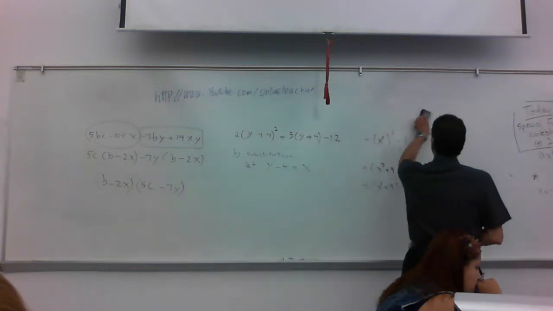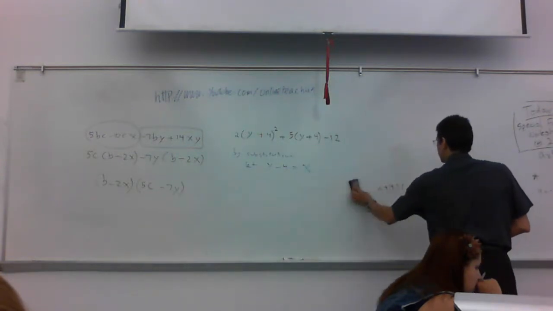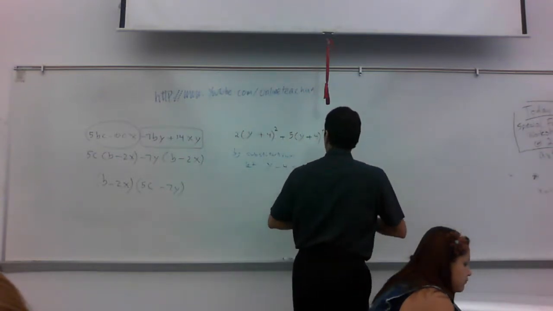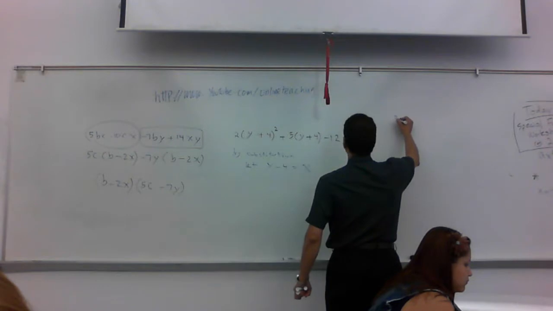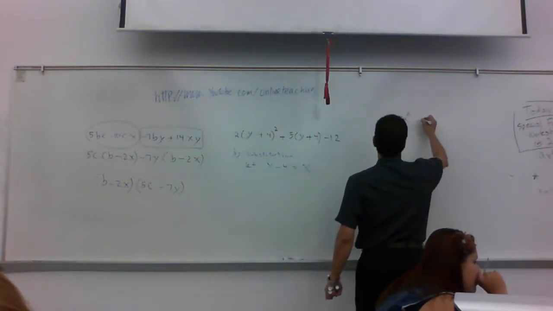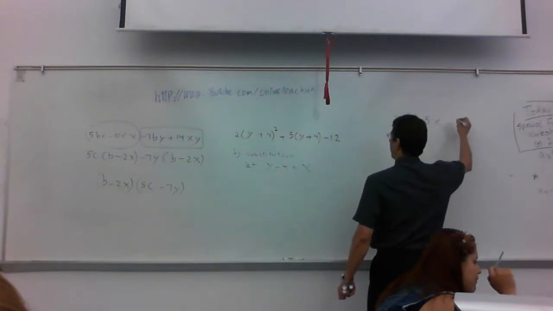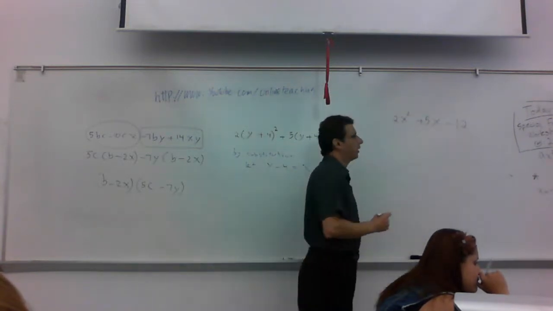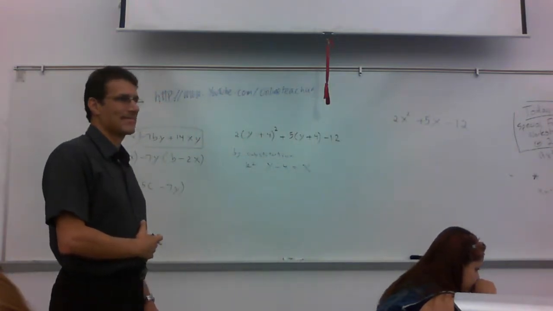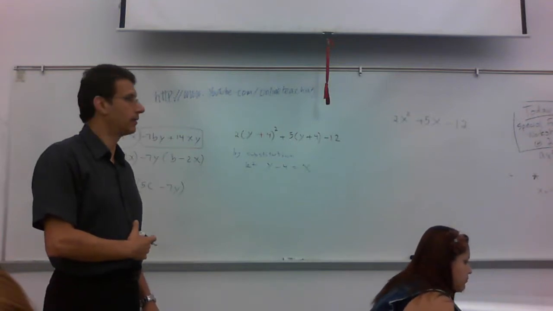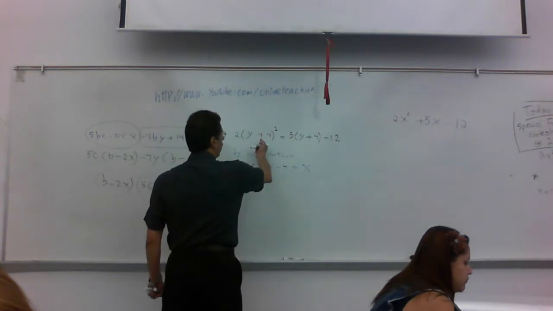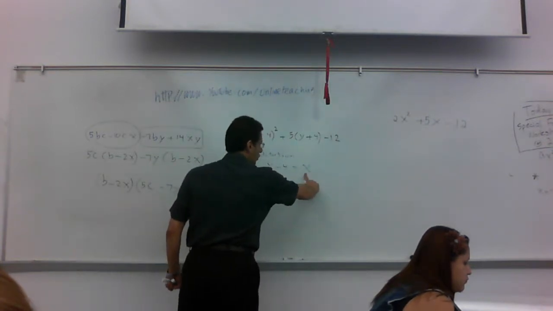So let's see what we did. Now, we can rewrite this as what? 2x squared plus 5x minus 12. Is that right? I'm sorry. Let y plus 4 be anything you want. So y plus 4 is replaced by your choice of variable.